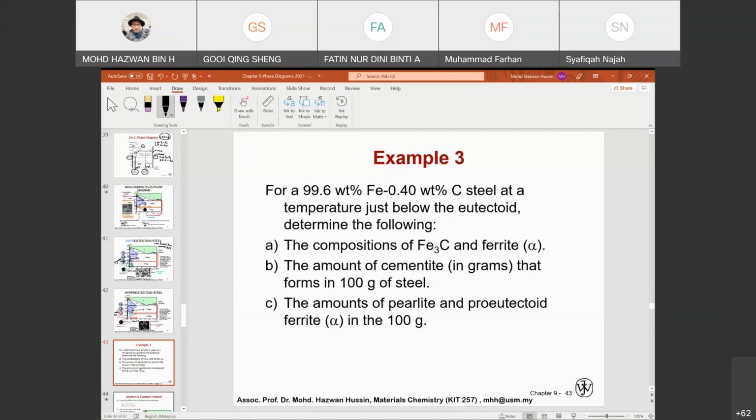B, the amount of cementite in grams that forms in 100 grams of steel. And C, the amount of pearlite and pro-eutectoid ferrite in 100 grams. Okay, so we have a few questions asking about composition and also amount.